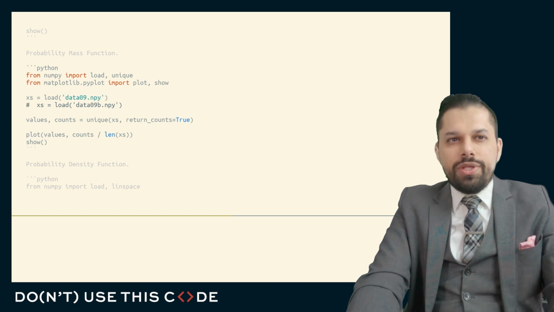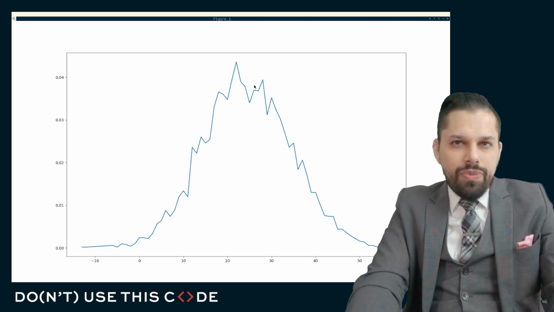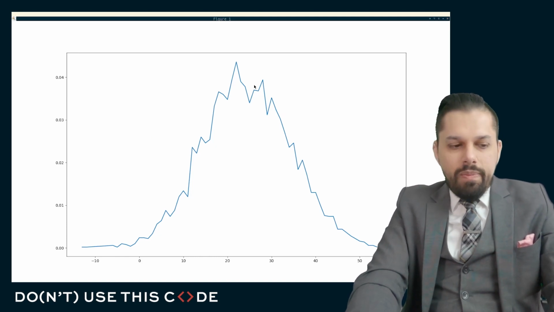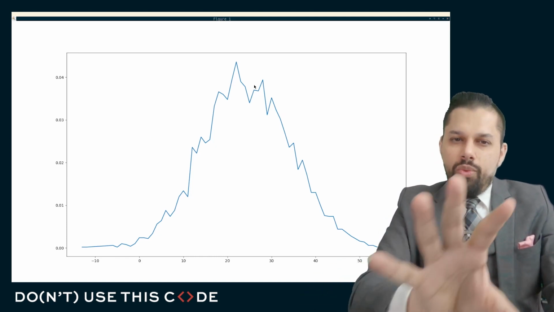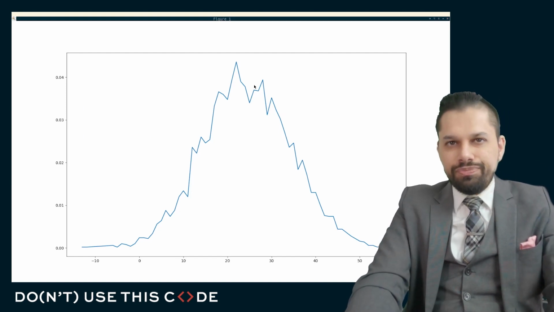Now, when we do this for this data set, we might not get something that we really like to see. I should take a step back and say we'll talk in a moment about the difference between a continuous and a discrete distribution.